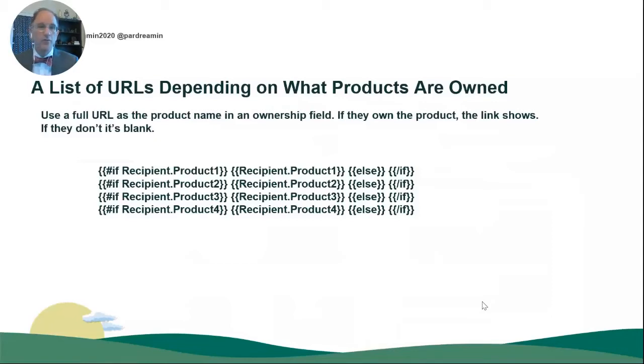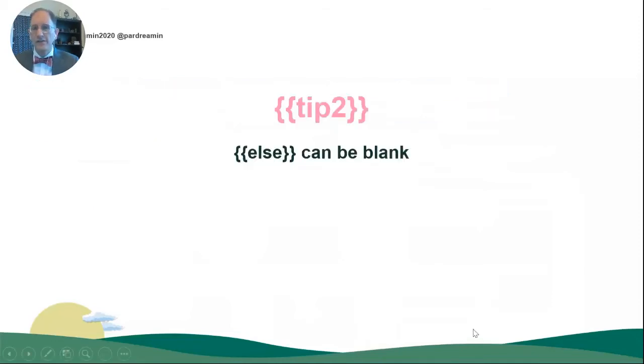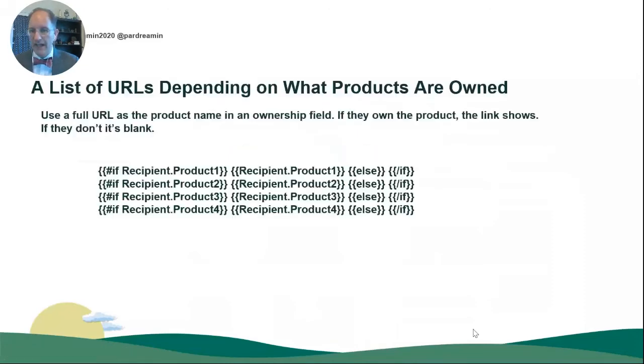If they owned product 1 or 2 or 3, it would show the link to that product's documentation or something else that you wanted to display on that product. Tip 2 here though is the else part can be blank. So if they don't own that product, because we haven't put anything in else, it's just not going to show you anything.